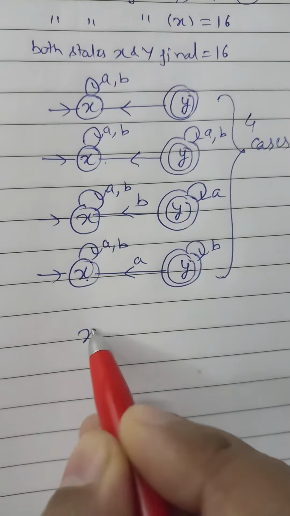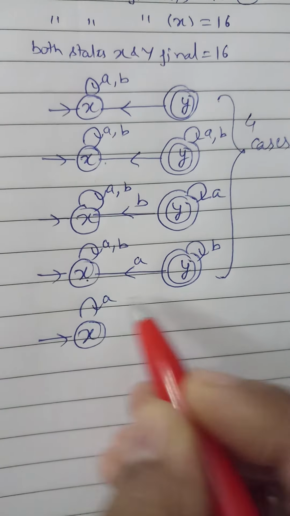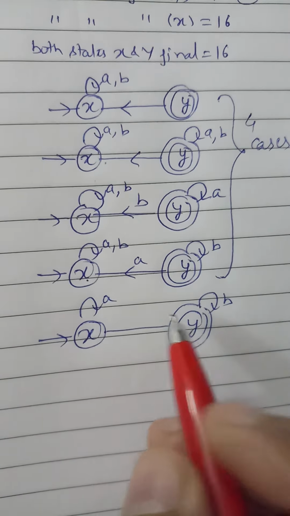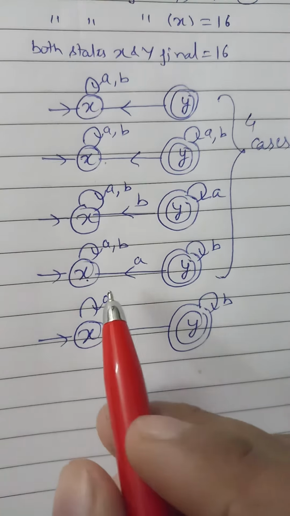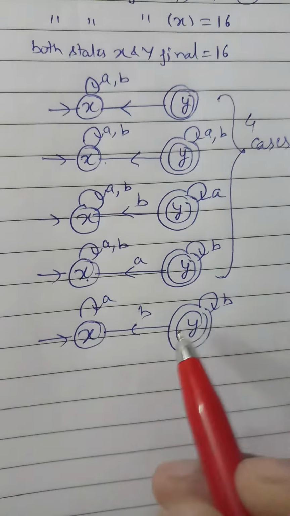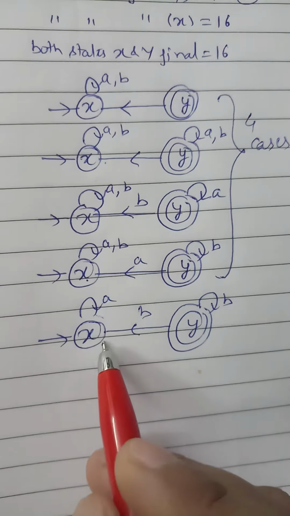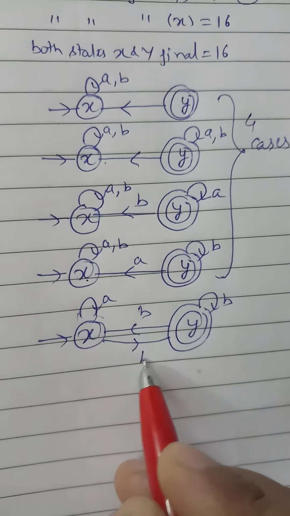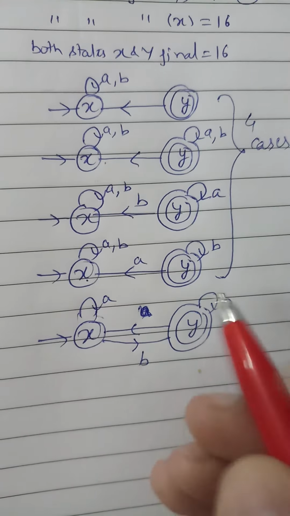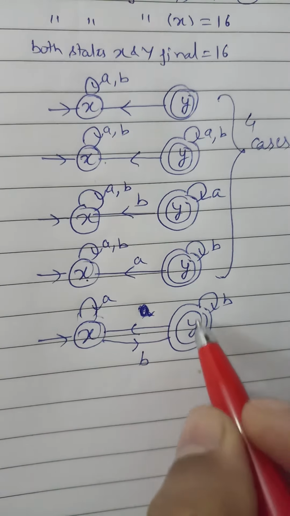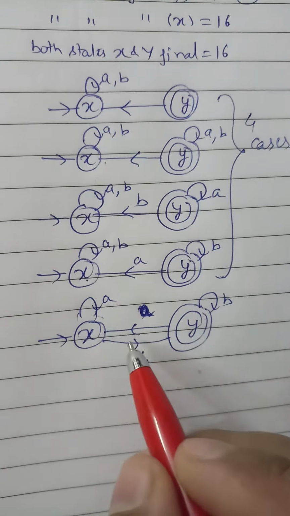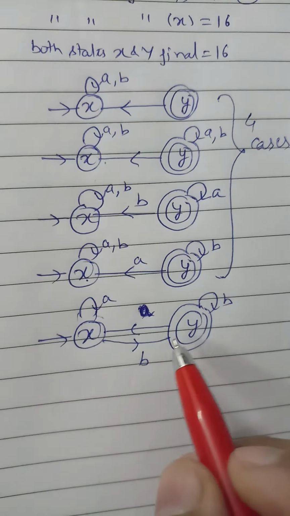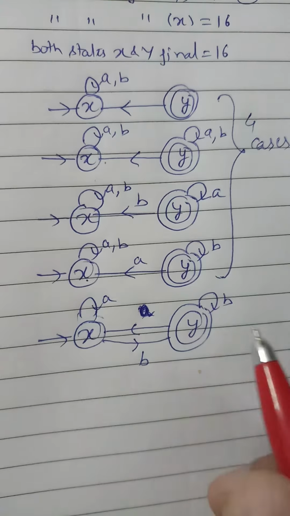Suppose we do any change in x, suppose we do a transition on A and a transition of B like this, where the transition of B on Y is a loop, and from there it will go on A, with transition of A on X and transition of B on Y. If we change the direction, then it will accept something.